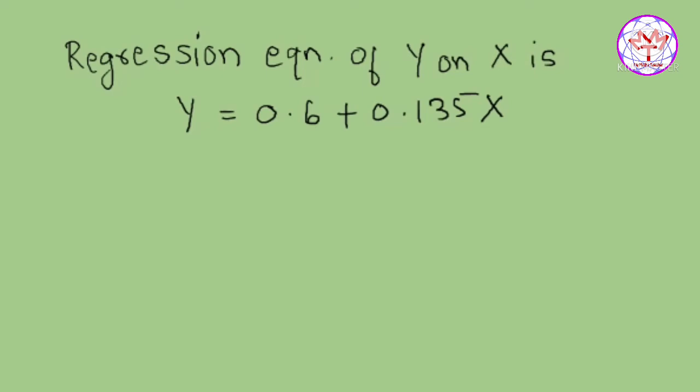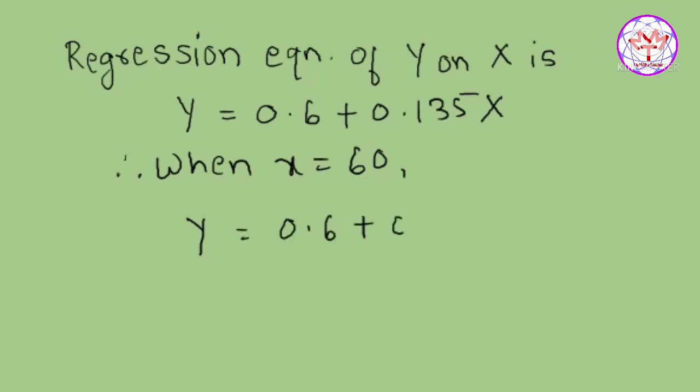Now we have to estimate the value of y when x is equal to 60. So we will substitute x is equal to 60 in this equation. Therefore, when x is equal to 60, y is equal to 0.6 plus 0.135 into 60.